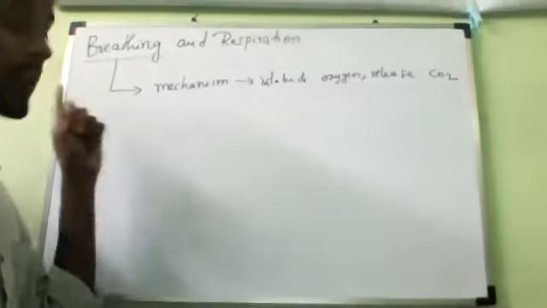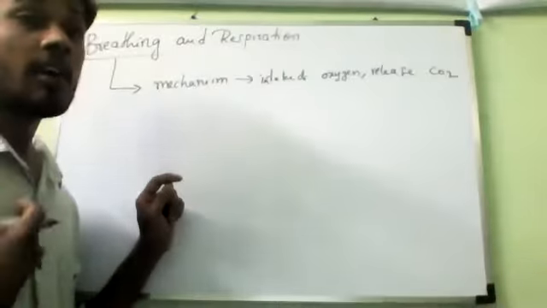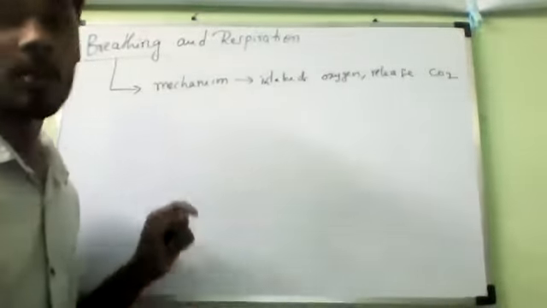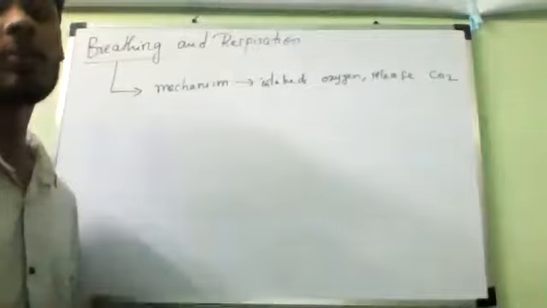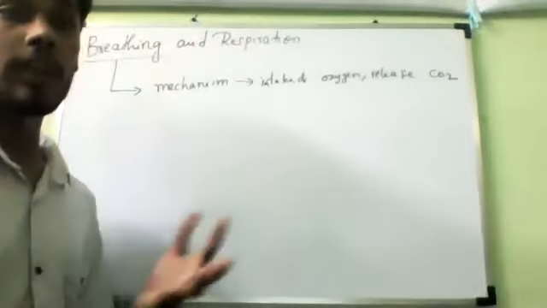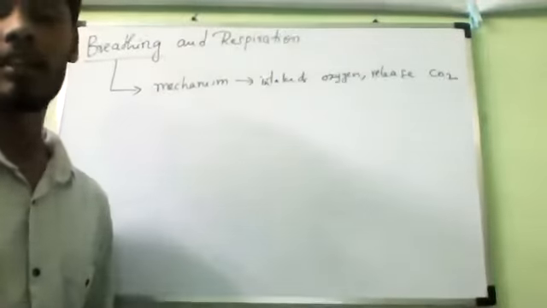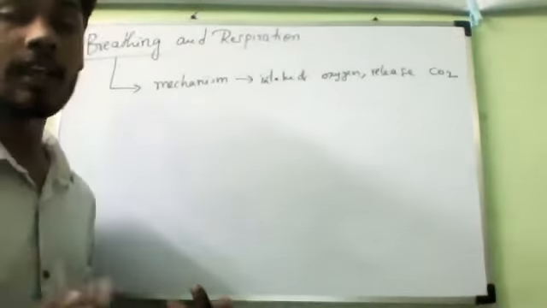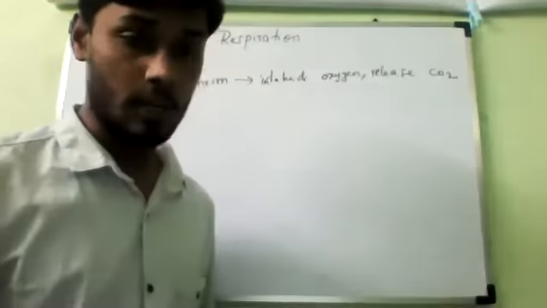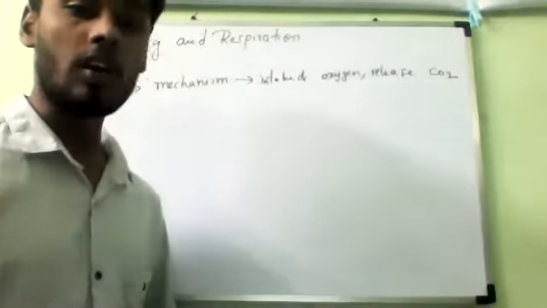In breathing, if you observe, only oxygen goes inside, and after the respiration, carbon dioxide is released and comes out, and in the middle some chemical process takes place. Here in breathing, we are just taking in oxygen and releasing carbon dioxide. We are not involving any chemical process like oxidation of food, so no chemical reaction is involved. Now let us see.